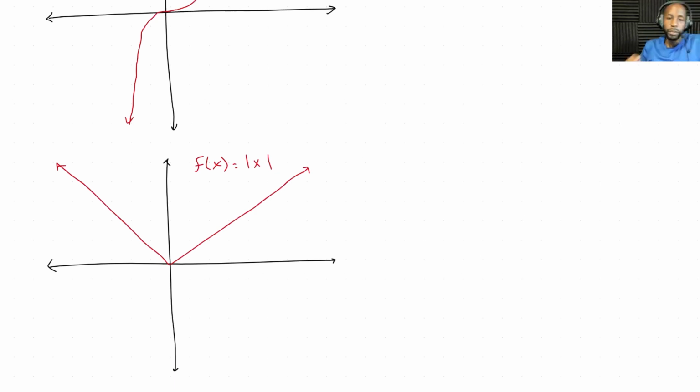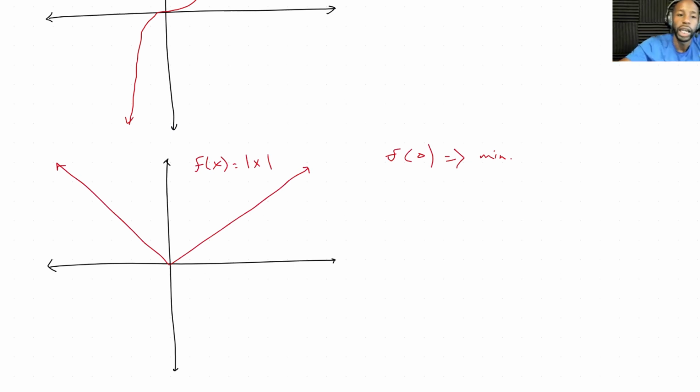Now, if you look at this graph, if you look at f of 0, visually, this is a minimum, right? That's a minimum. But what about the derivative?